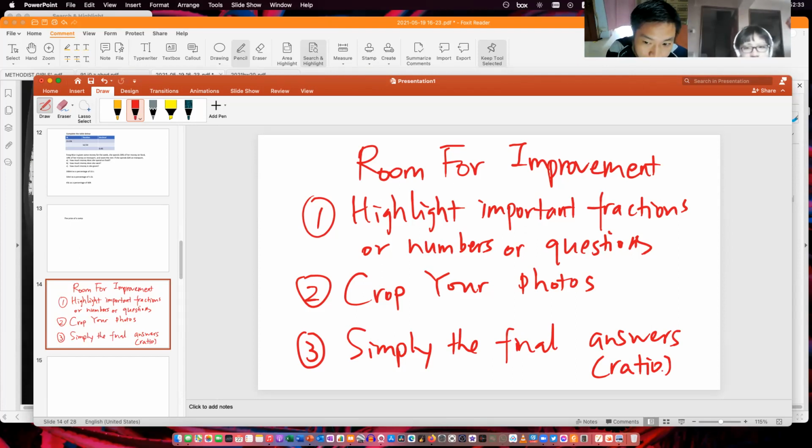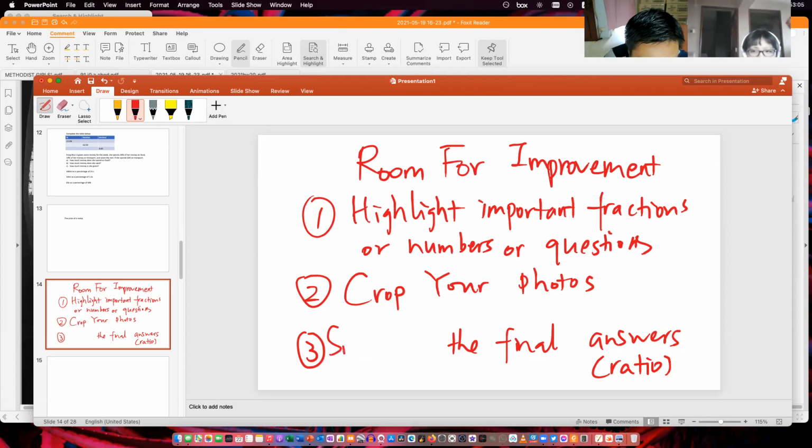Highlight important fraction or number question. Why? So you can clarify. Next. Crop your photos. Why? Because you only want the homework, not anything else. Yes. Continue. And then simplify the final answer. Oh, by the way, I need to correct.